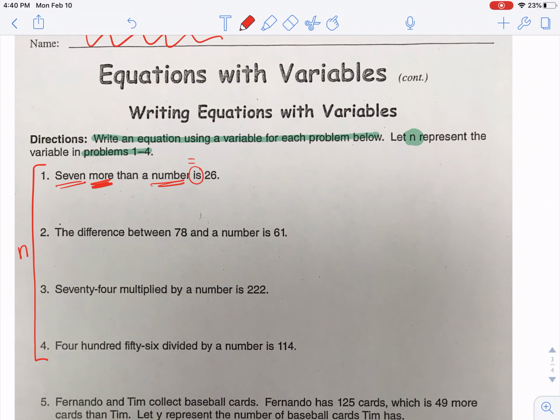And what do you think the word more means? Addition, subtraction, multiplication, or division? It's addition. So here I have my number, and I want 7 more, and that is going to be 26. That's your answer. That's all you have to do.